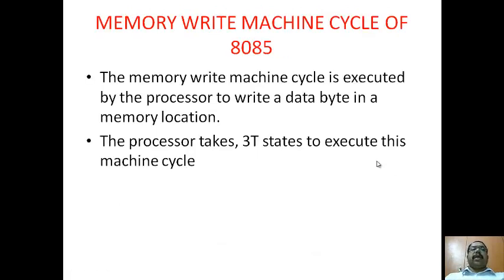Next comes memory write. For example, if you have an instruction called STA 4500, what it says is that the content of the accumulator is moved to 4500. So in the last machine cycle there is a write operation, which means the content of the microprocessor is being written inside your memory.